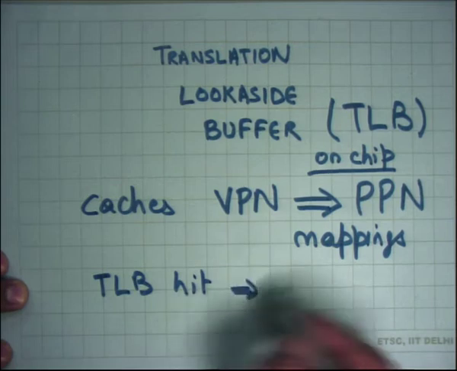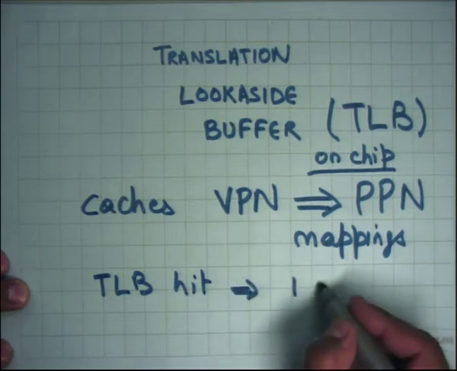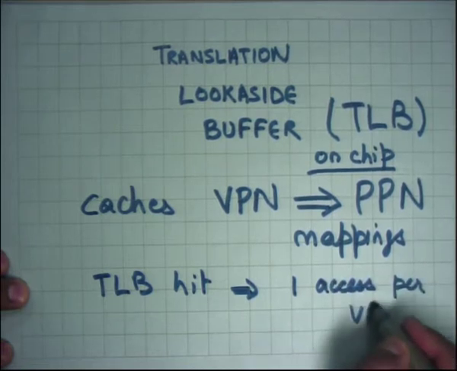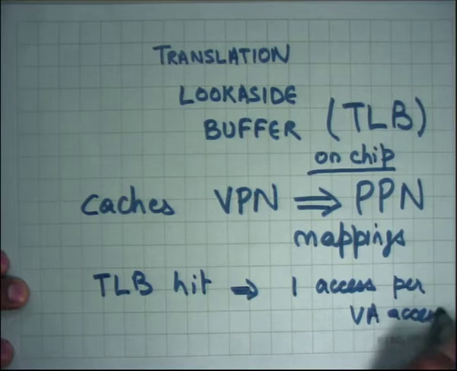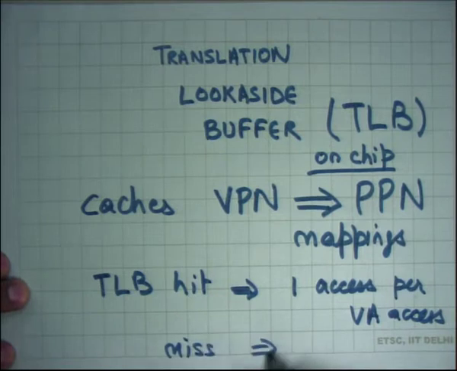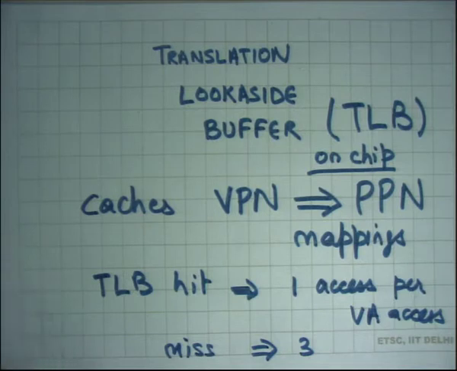So a TLB hit implies 1 physical memory access per VA access. A miss implies 3. If there is a TLB miss, you have to walk the page table just like before. If the TLB hits, you don't need to go to the physical memory.